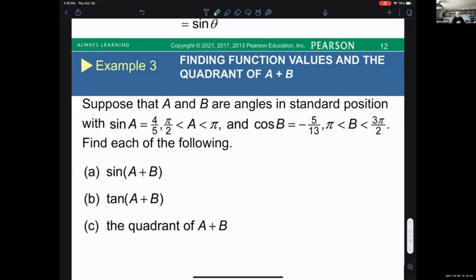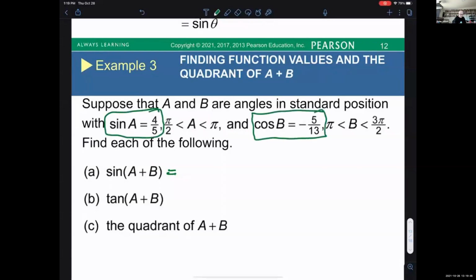So how do we do this? Well, first of all, to find sine of A plus B, we do know that we have a formula that would allow us to break this into sines and cosines of A and B. And they've given us exactly what sine of A is and what cosine of B is.